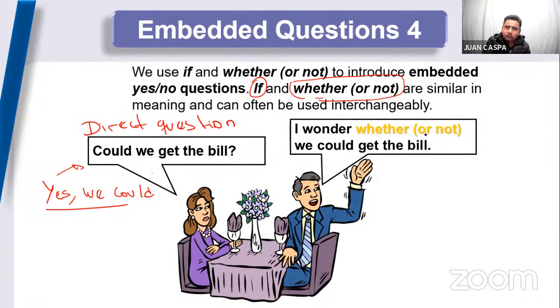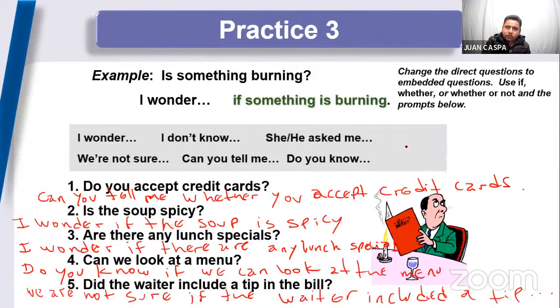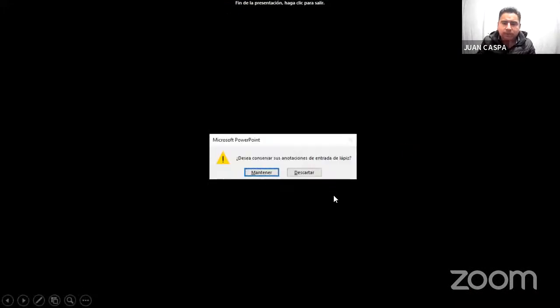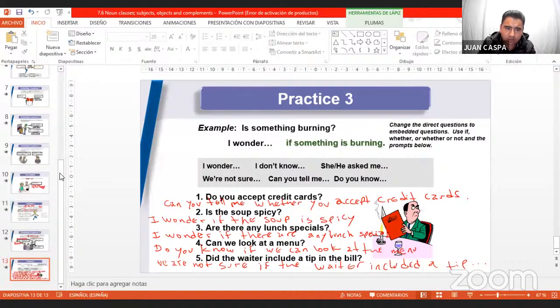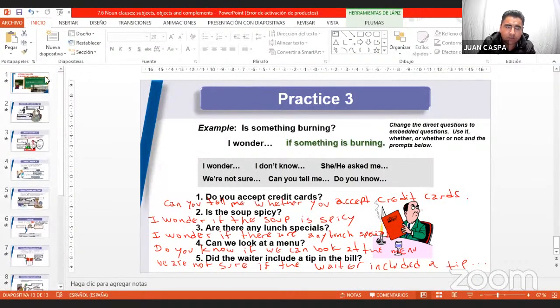I wonder whether or not we could get the bill. So trying to be more polite, and that's it. But we're going to practice with some embedded questions meanwhile. By the way, I'm going to send you this presentation, and if you want, you can check it out later also.